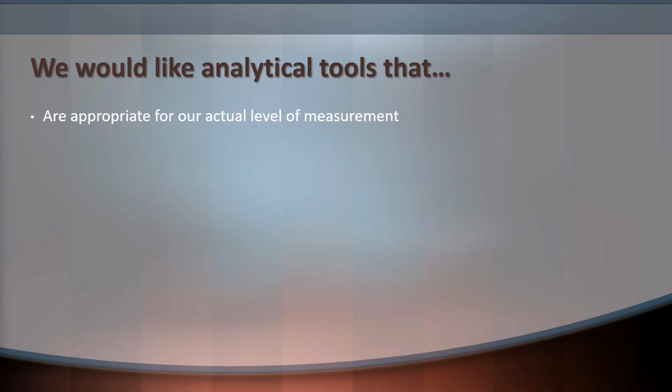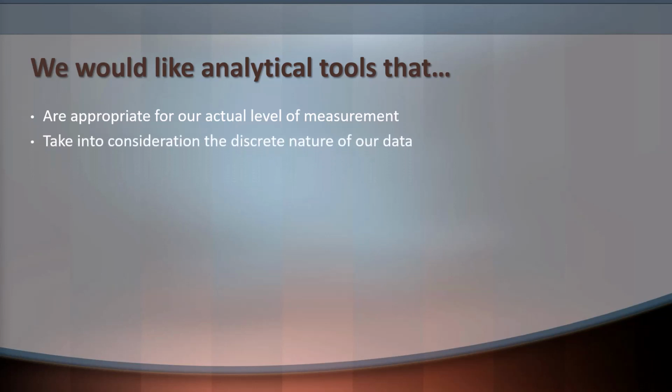That is, what we want to do that goes beyond Statistics 101 is identify the actual level of measurement and then use the procedures that will provide us the most power and the most information for that level of measurement.